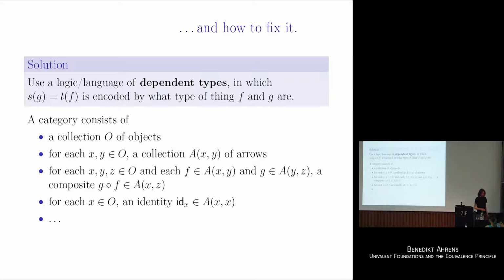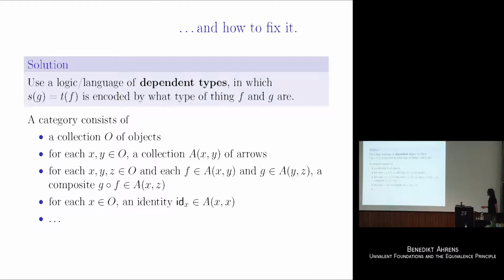And then, once we have those dependent collections of arrows, we can encode the composite. Well, the composite is only defined for an arrow that goes from x to y, and an arrow that goes from y to z, where I have fixed x, y, and z in advance. So instead of having composition as a partial function, I have composition as a dependent function.